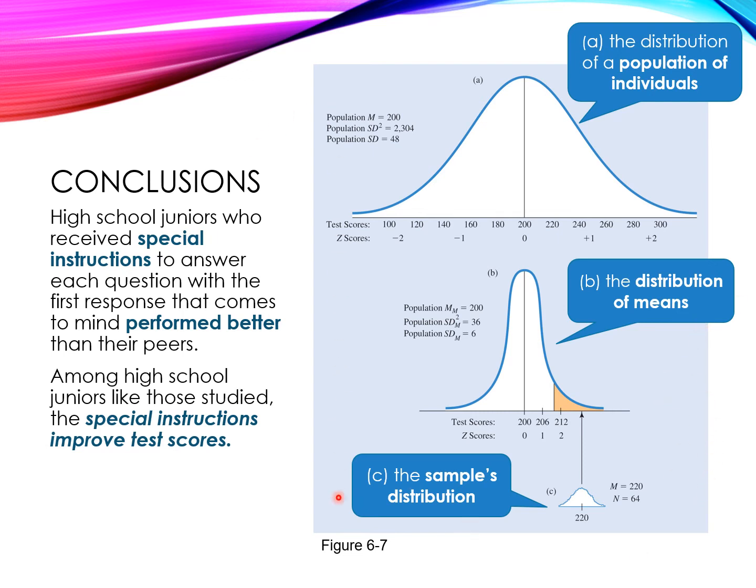But these are the different actual distributions of a sample like this, of a study like this. So here we have at the bottom our actual sample's distribution. And so we've got the mean of 220, the n of 64, compared to our distribution of means.